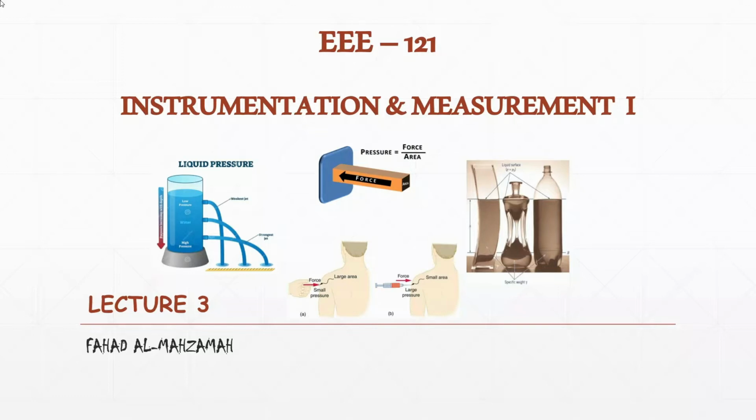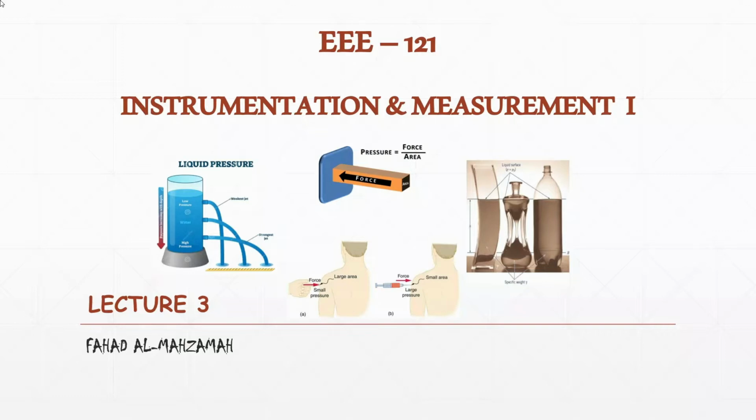As we mentioned in the previous lectures, in the course objectives, the course objective is to study some basic concepts for some physical quantities or parameters, and study how to measure them using different instruments. Now we started with chapter 5, which will talk about pressure.